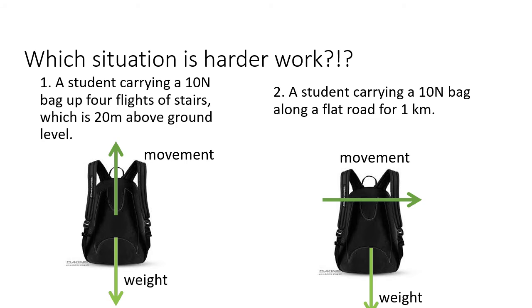But in situation 1, the student is moving upward, and in situation 2, the student is moving perpendicular to the direction of the weight. So in situation 1, the direction of the movement and the direction of the force are parallel to each other, so that is the situation where work is done. But in situation 2, there is no work done because the force and movement are not in the same line. They are not parallel to each other.